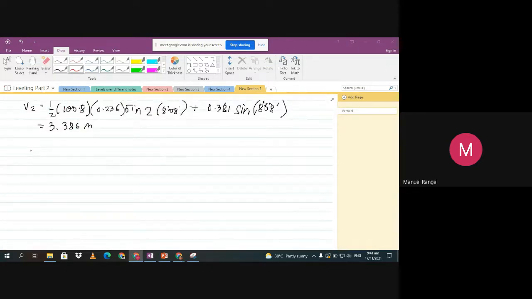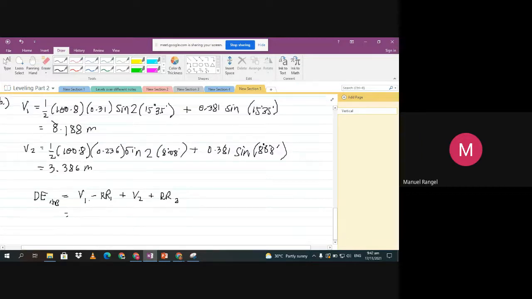So the change in elevation or difference in elevation between A to B is equal to V1 minus the middle rod reading plus vertical distance V2 plus the rod reading at point B or RR2.